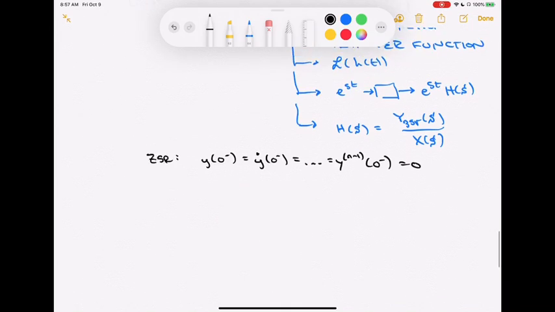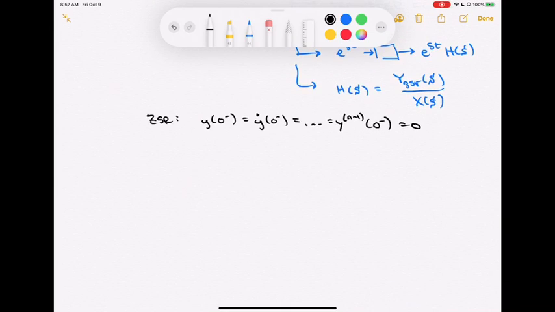We're going to assume a causal input because we're dealing with a zero state kind of response here. So we're going to look at a causal input, and with that causal input, we know x(t) equals x(t) times u(t), right? It doesn't have anything starting before 0.